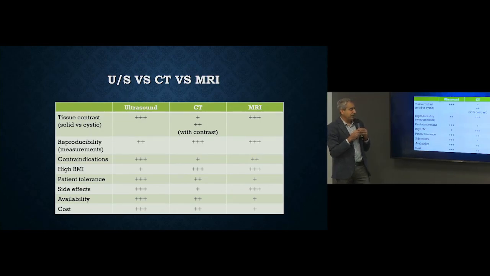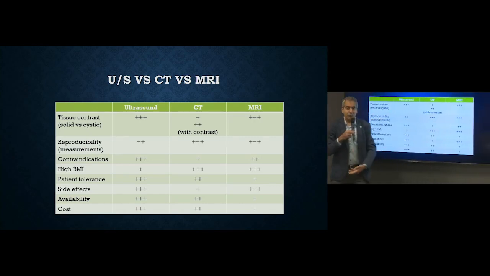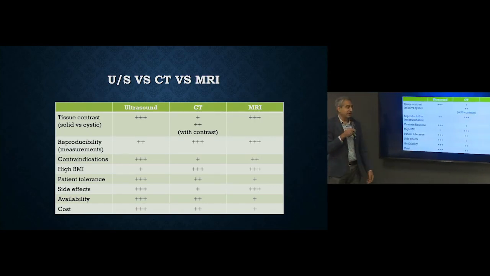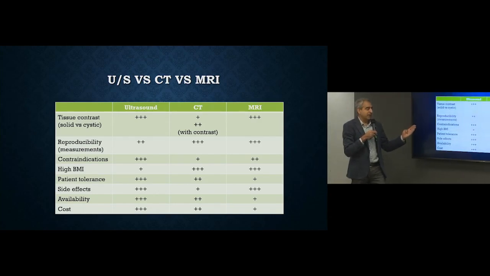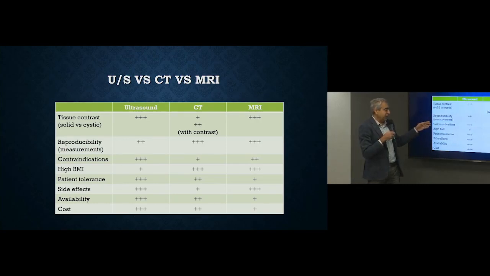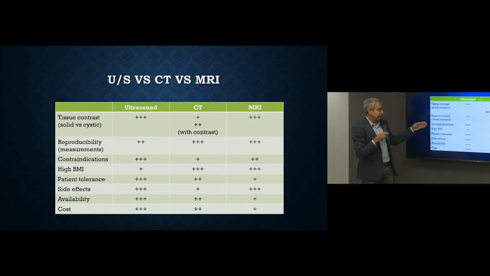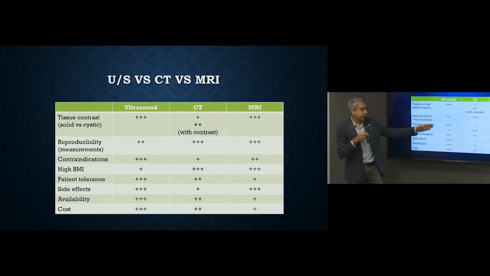In terms of us being able to measure things, ultrasound is not so great, but CT and MR are very good because they show you the whole of the organ, the whole of the body, and you have these images that then anybody can access and reproducibly measure.